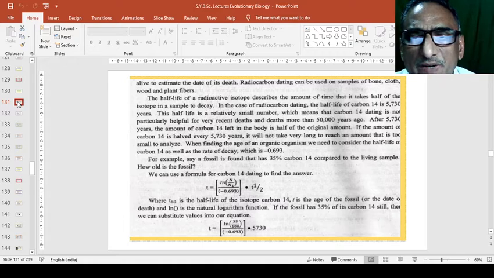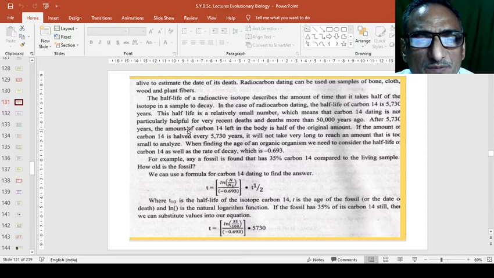In the case of radiocarbon dating, the half-life of carbon 14 is 5730 years. The half-life is a relatively small number, which means that carbon 14 dating is not particularly helpful for very recent dates and for dates more than 50,000 years ago.